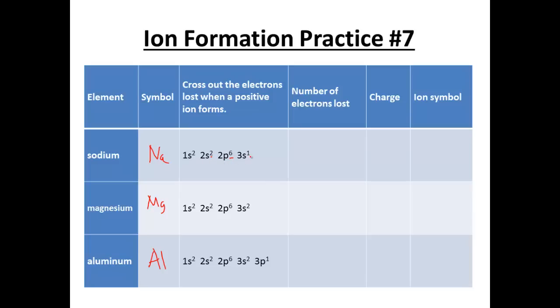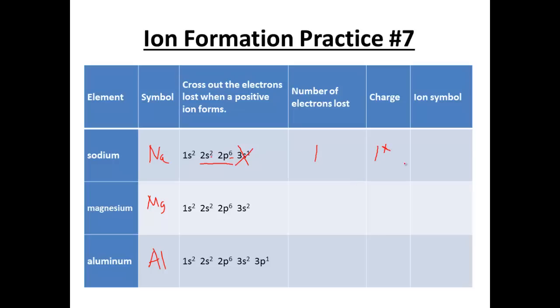If we're able to lose 1 electron, we can get to that full outer energy level. Sodium is going to want to lose that 1 electron. As it loses 1 electron, the 2s2, 2p6 is the outer electron configuration, so it's stable at that time. If it loses 1 electron, the overall charge of sodium is +1.